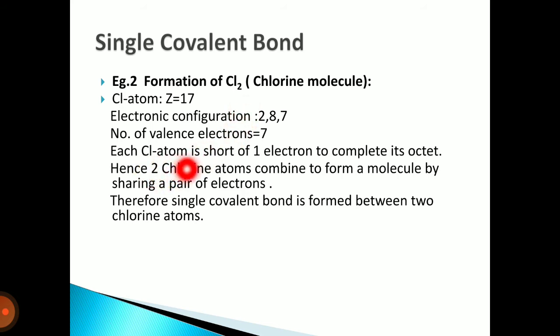Each chlorine atom is short of 1 electron to complete its octet. Hence, 2 chlorine atoms combine to form a molecule by sharing a pair of electrons between them. Therefore, a single covalent bond is formed between the 2 chlorine atoms.